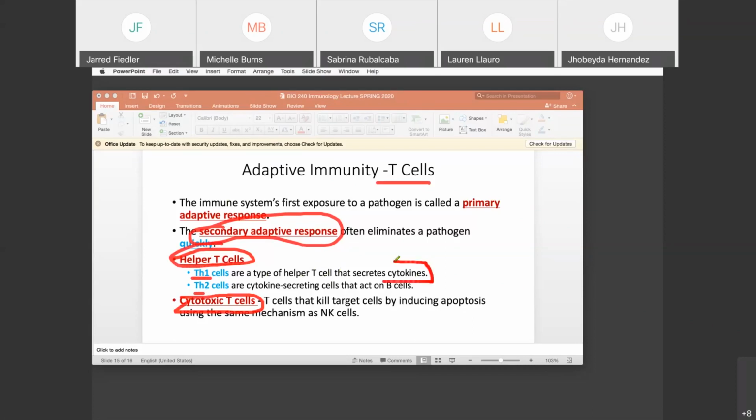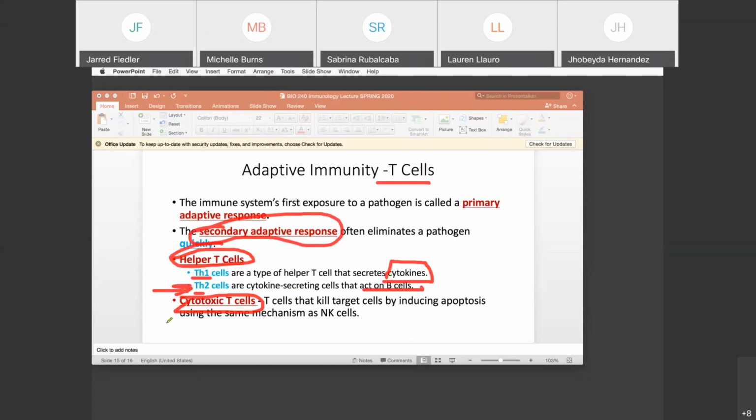Now, cytokines are going to be important in signaling, like creating a gradient on where to recruit even more T cells. Now, the type 2 helper T cells are cytokine secreting cells that act on B cells. So these guys will help B cells do their job.